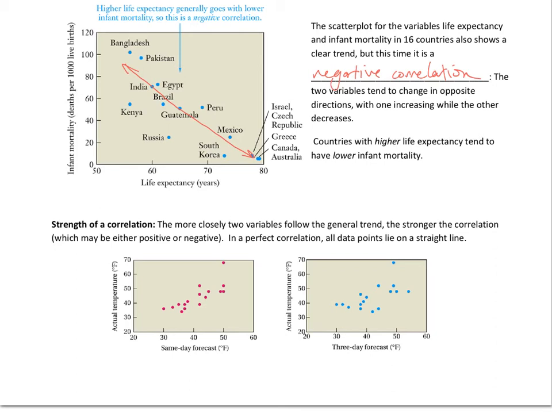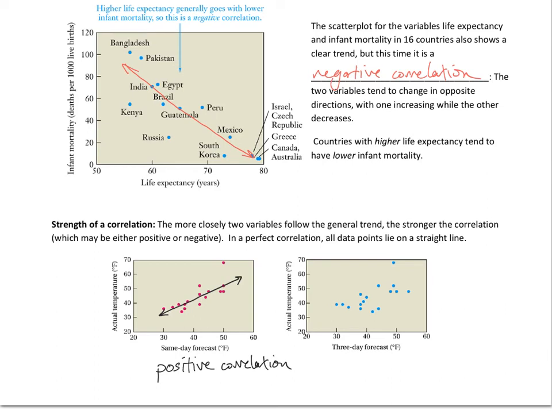The only other thing that we can talk about with correlation here is the strength of the correlation. And the idea is, if you draw a line through these points, something like this, you can tell that since it is going up left to right, there will be a positive correlation.